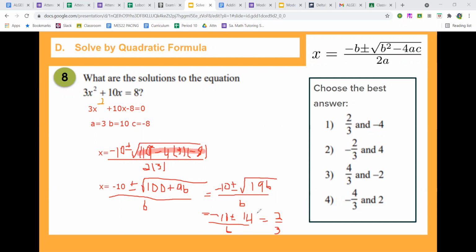And negative 10 minus 14 is negative 24 over 6. Negative 24 over 6 is negative 4. So my final answer will be 2/3 and negative 4.